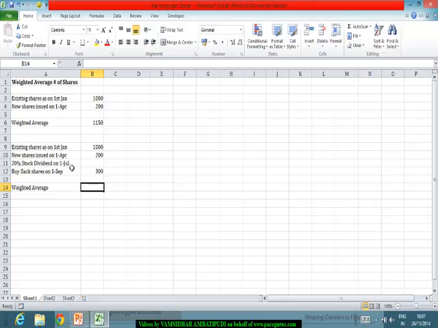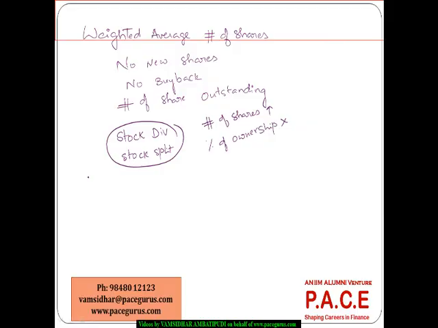Now the simple way to work this out, especially when there are stock dividends or stock splits during the year, is this. For the period for which I am doing the weighted average, the stock split or stock dividend has occurred here.